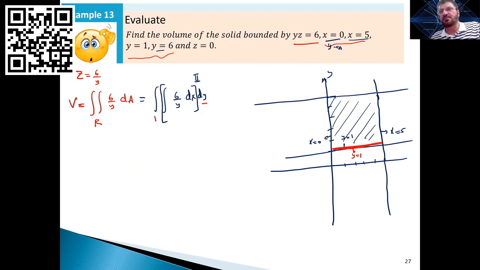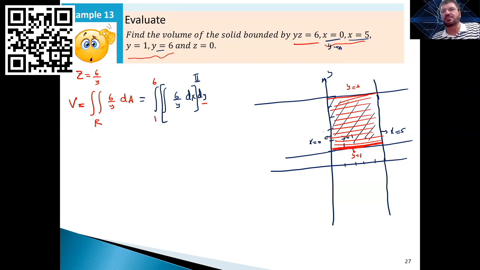Up to y equal to what? It's going to go all the way up to cover the whole region horizontally. Up to y equal to 6. This is y equals 6.